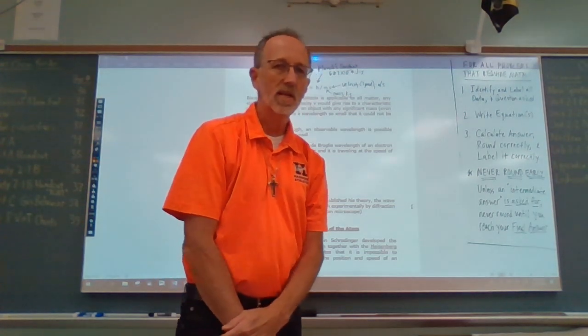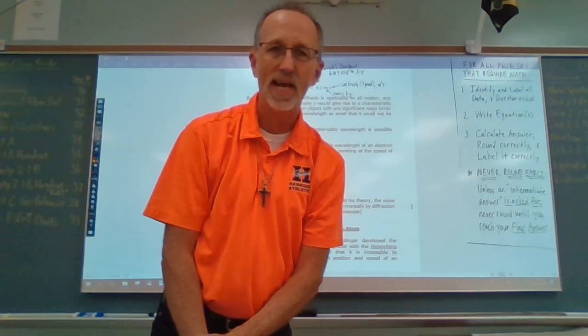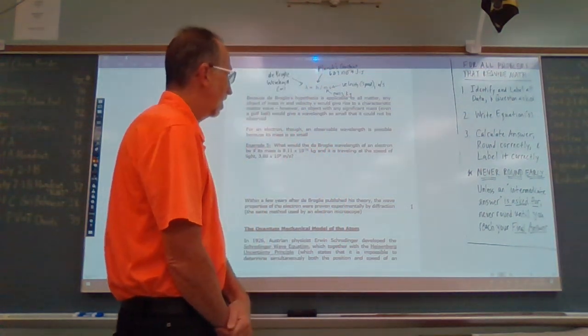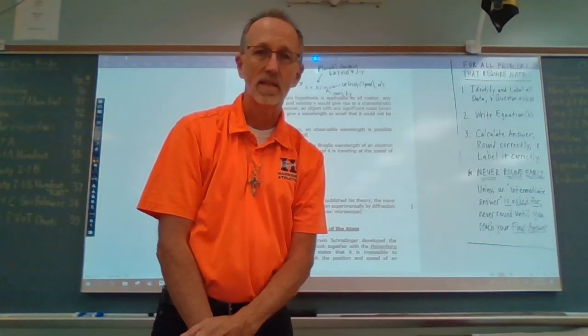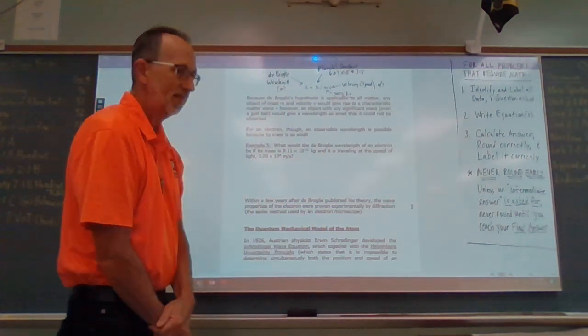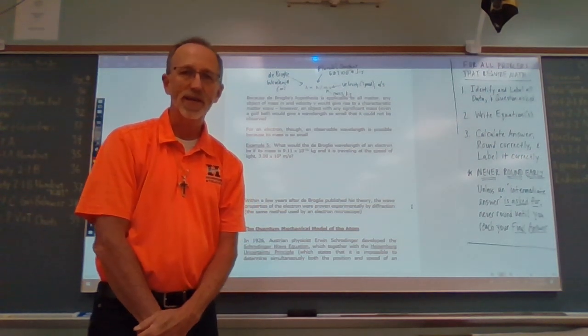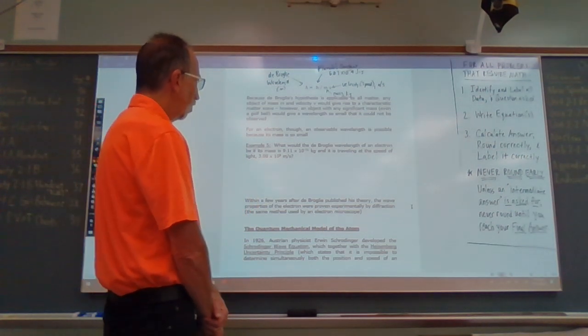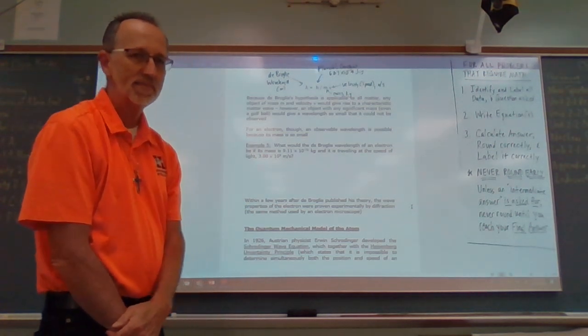But when you have a very small mass, such as that of an electron, all of a sudden that wavelength is possible to be seen. It's actually observable. And this is how his equation and his theory was proven. For an electron, an observable wavelength is possible because its mass is so small.